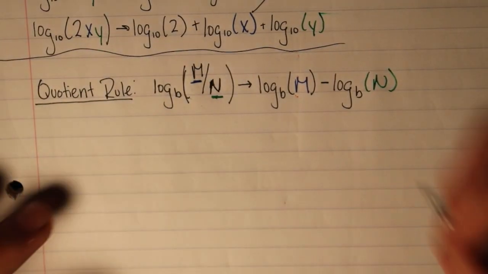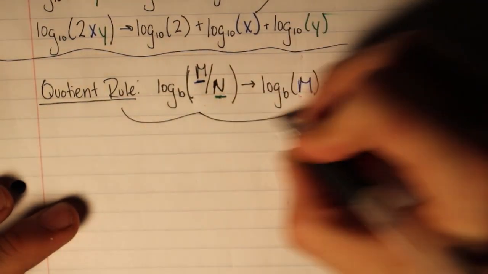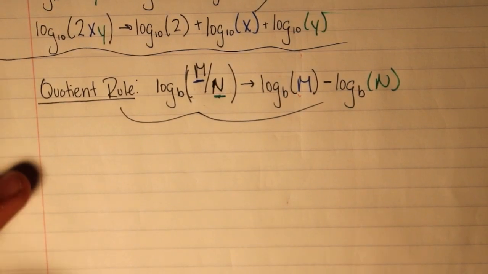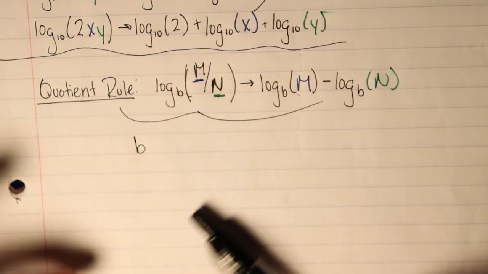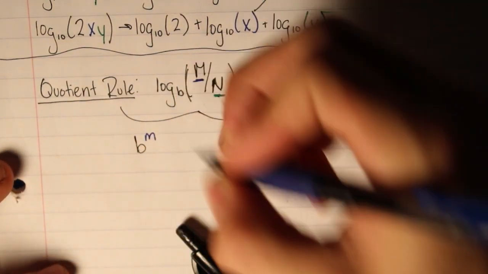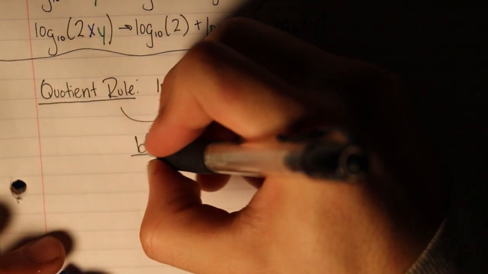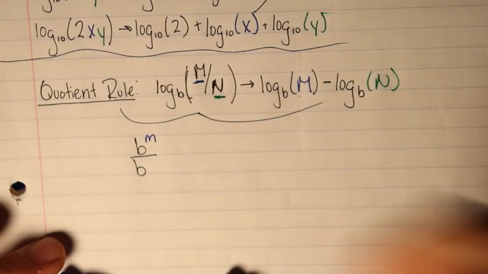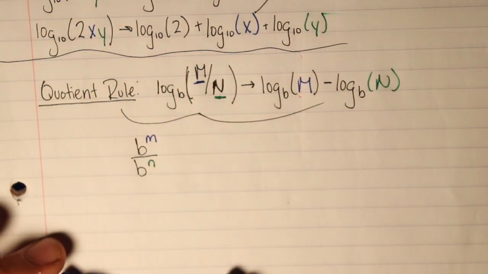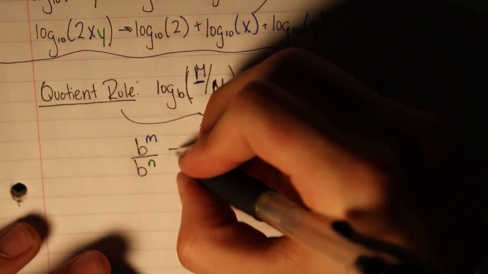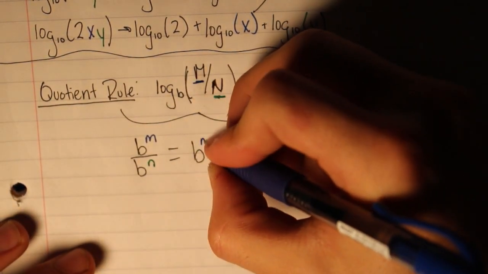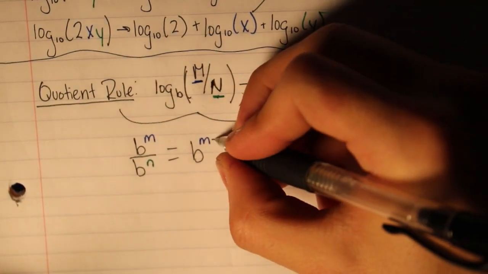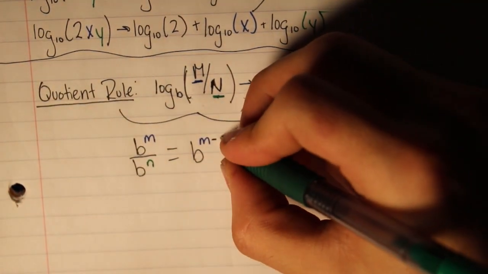All right? And what this says, our quotient rule, is very similar to our exponent rule, right? We have b to the m divided by b to the n. We can then break that up into b to the m minus n, right?